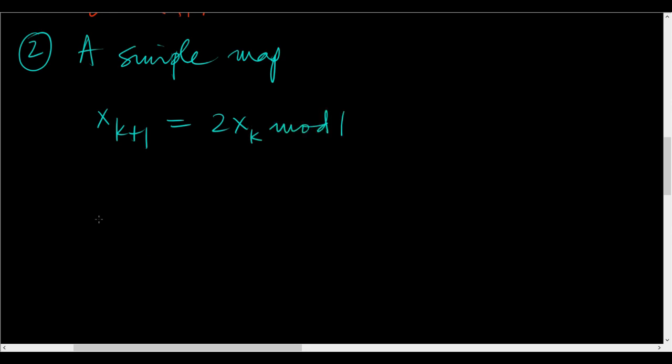What this means is, this is for x in 0 to 1, we'll include 0, it doesn't matter. What this means is if 2x_k is more than 1, you subtract 1.